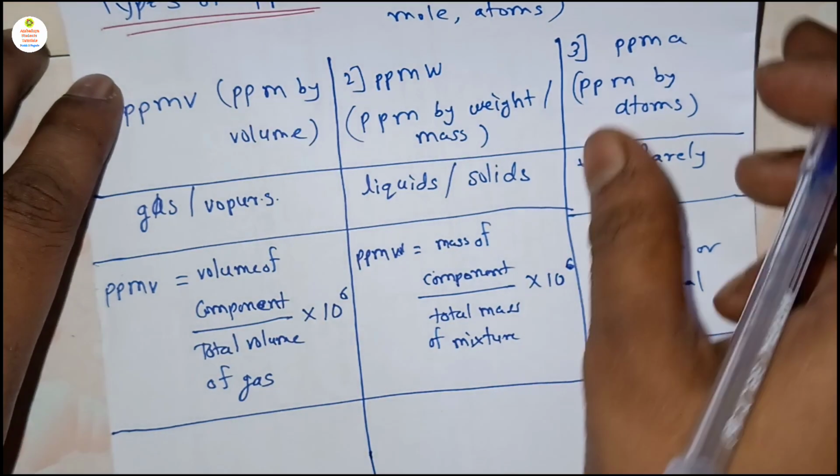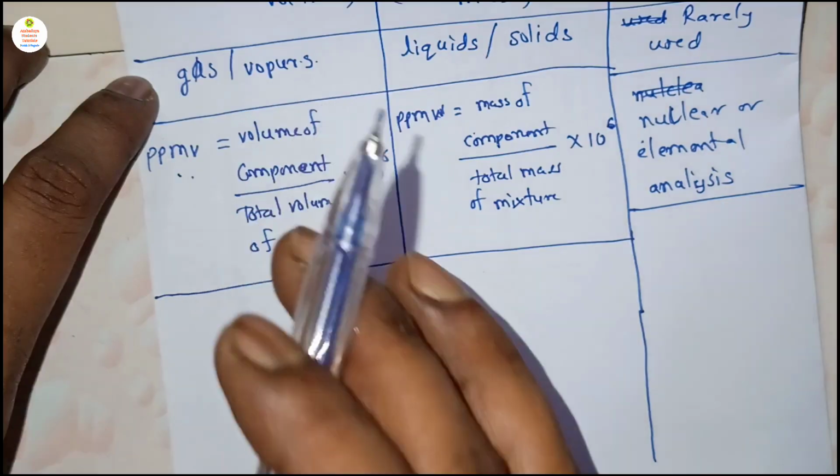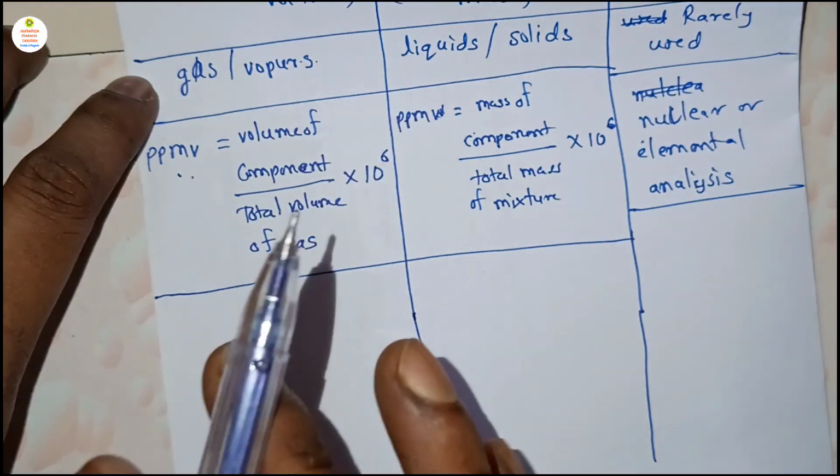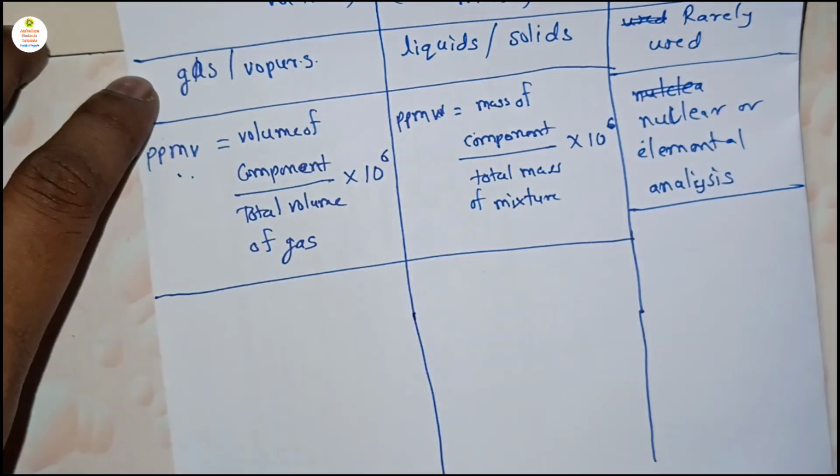Now from ppmv we can get the mole fraction, and from ppmw we can get the mass fraction.